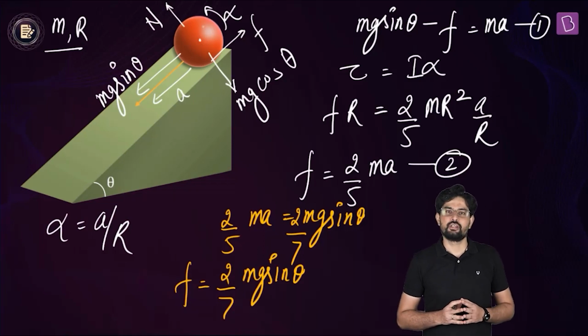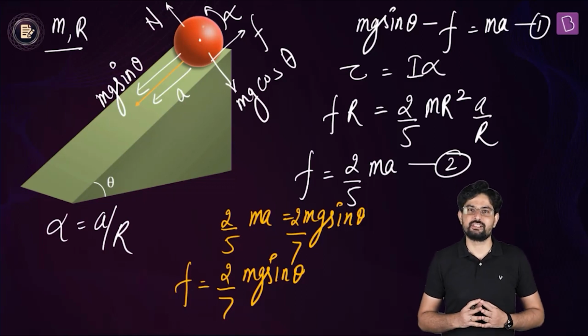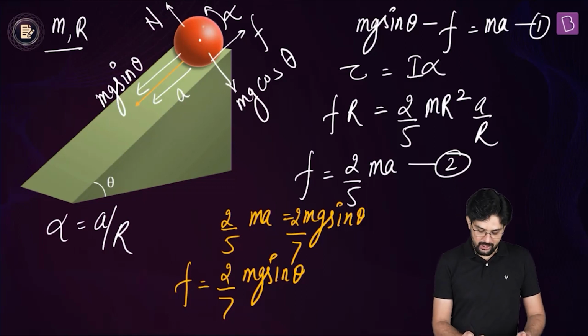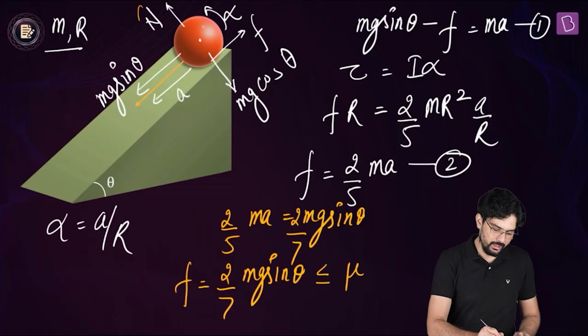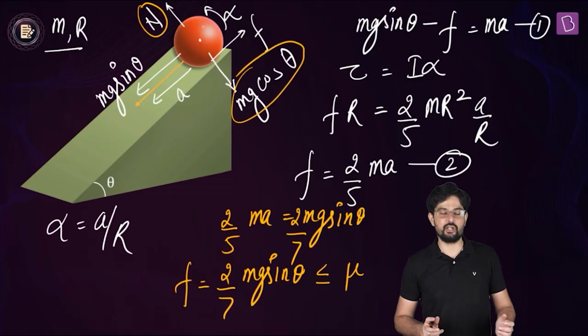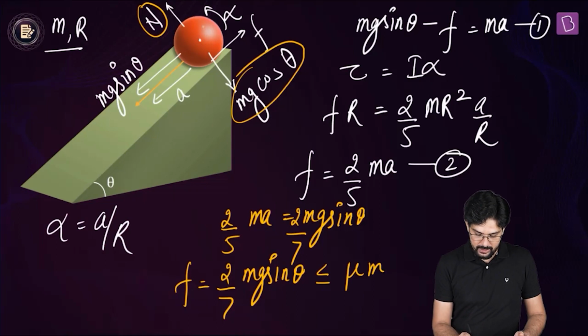And now comes the time of the limiting friction force. We know that the static friction force is going to be less than or equal to the limiting friction force, which is mu into N. And as you can see from the free body diagram of this sphere, the normal reaction is equal to mg cos theta. So you have mu mg cos theta.